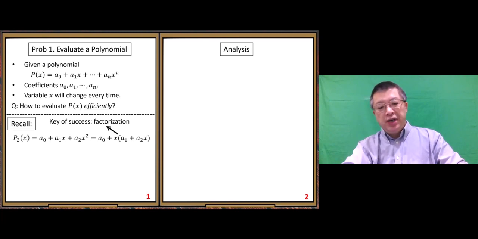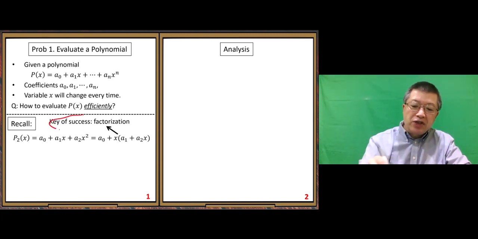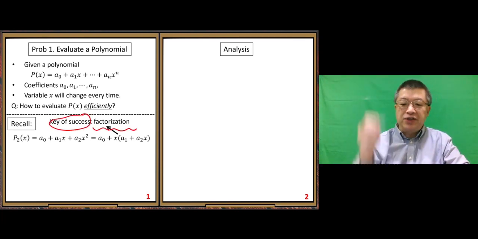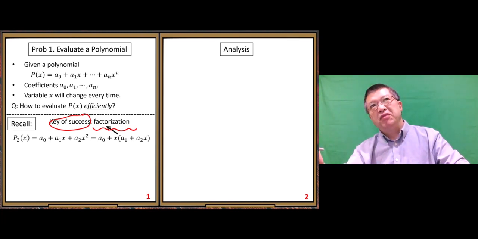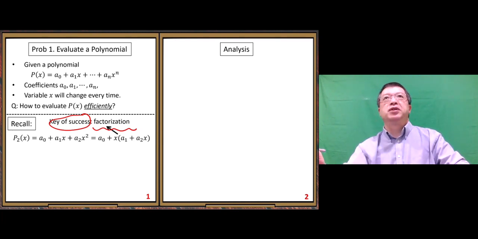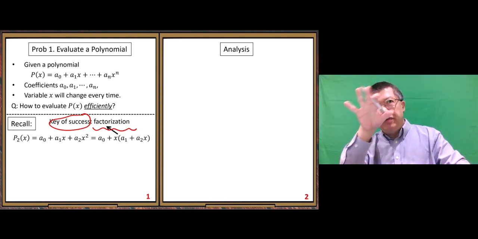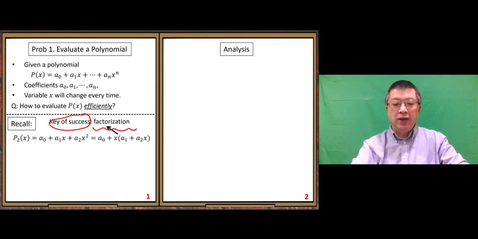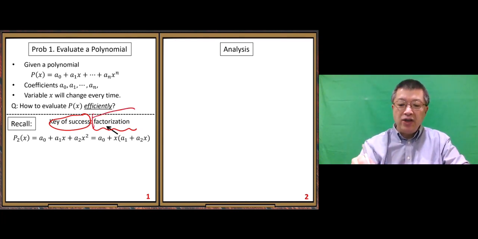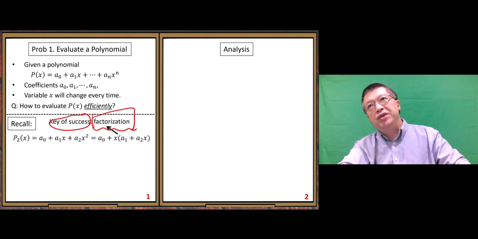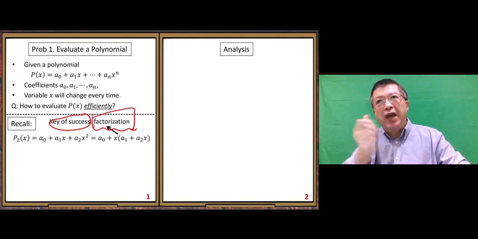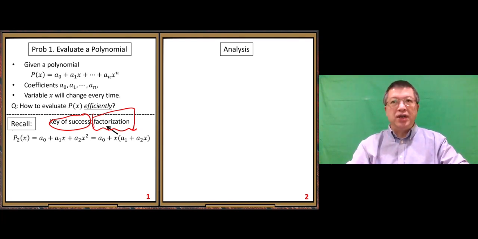Here you can see the key of success is factorization. Why? We can improve the performance by reducing the number of multiplications because we catch that critical property and take advantage of it. Then we use this factorization technique to get a good result.